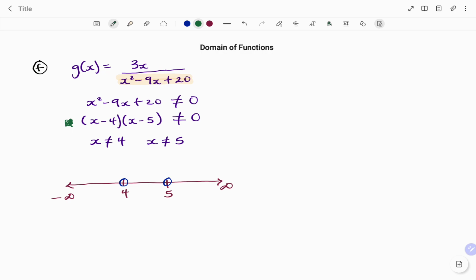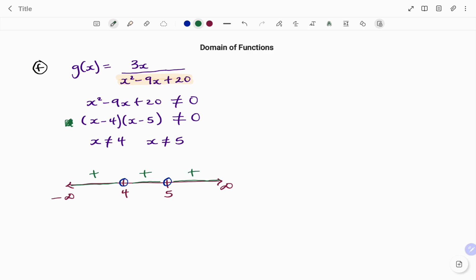Also, 4 cannot be included, but I can test values in between 4 and 5. I'm going to get a valid value between 4 and 5. So I have this negative. Now I'm going to have that positive. I'm going to get a value here. And also testing values greater than 5, I'm also going to get a valid value for my function g of x.